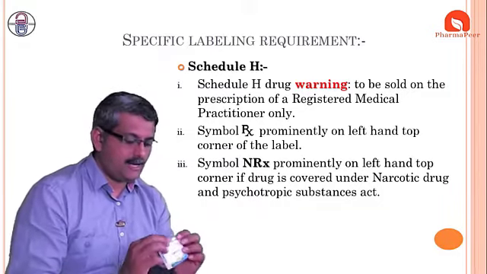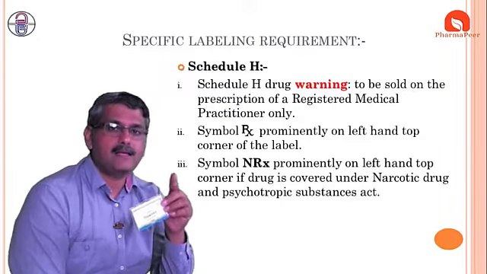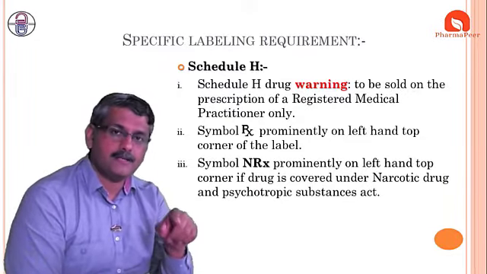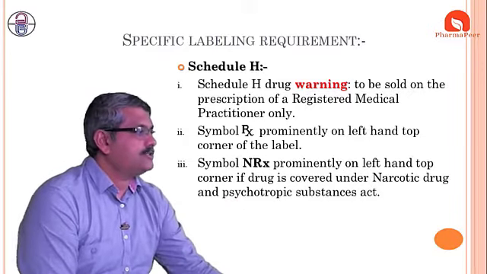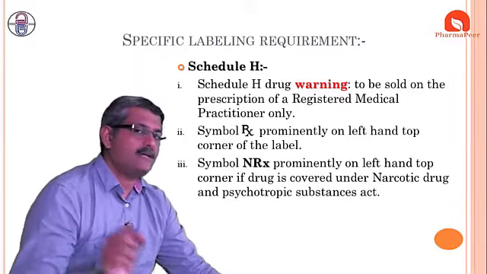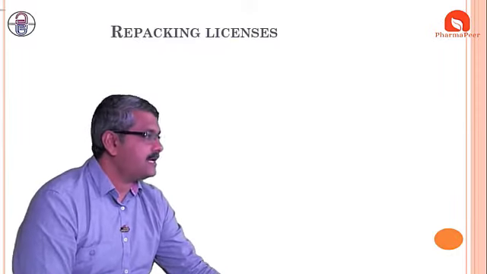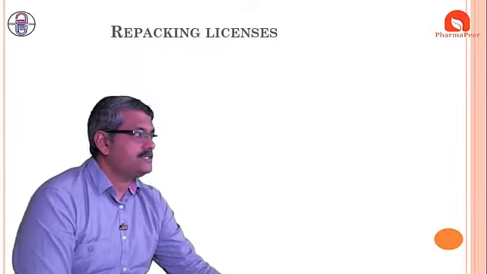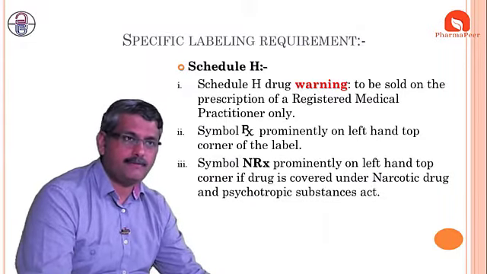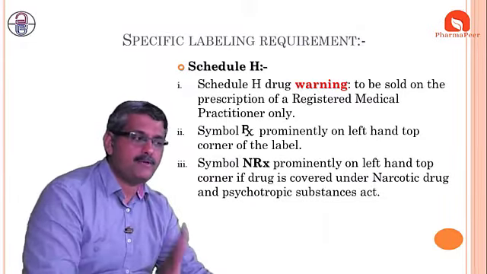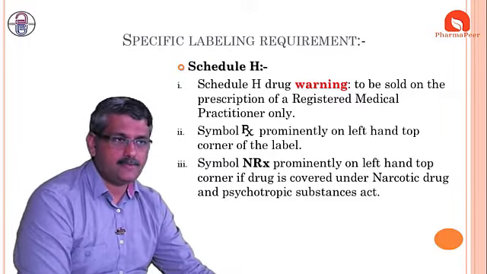So instead of RX, you will get NRX. If it is a narcotic drug under Schedule H, then NRX should be conspicuously marked because it is a narcotic or psychotropic substance. So this is about the labeling condition. These are the important things that we have mentioned here.